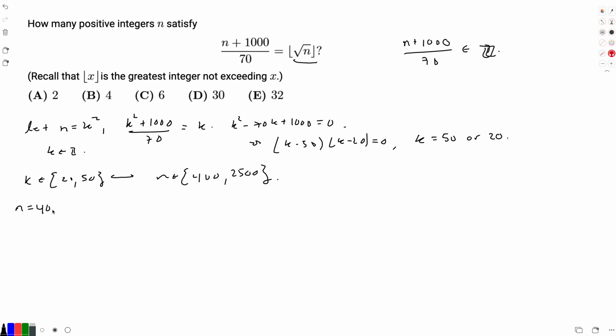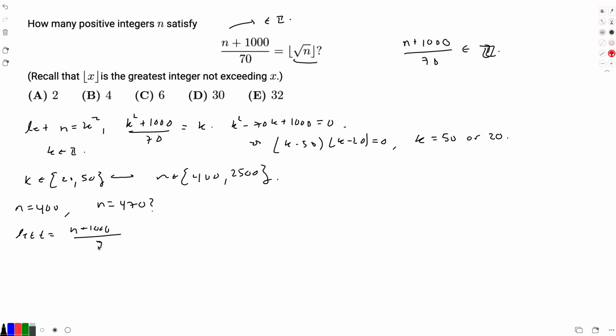We just discussed that this must be an integer, meaning that we must add or subtract multiples of 70. So what happens when n is equal to 470? For convenience, let t equal (n + 1000)/70.